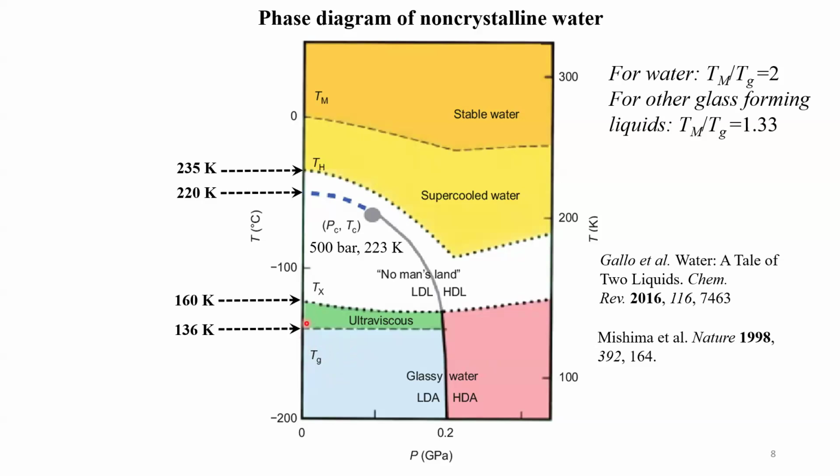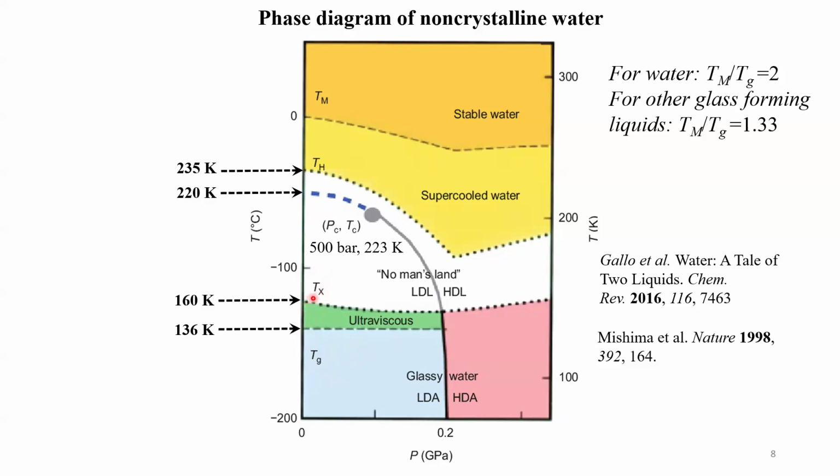Once you cross this glassy state, you can see my laser pointer, in these regions you will again get liquid water. That water is ultra viscous and is called deeply supercooled water. It can continue up to 160 Kelvin. All these numbers are at atmospheric pressure. So at 160 Kelvin, you will encounter freezing again. You are heating it up, and it will start freezing again.